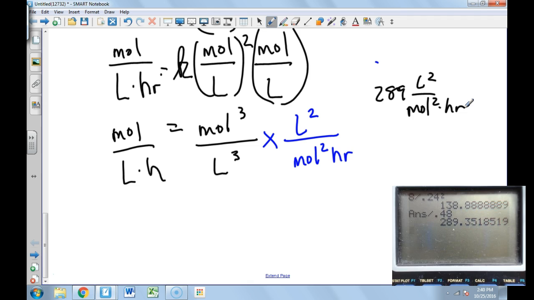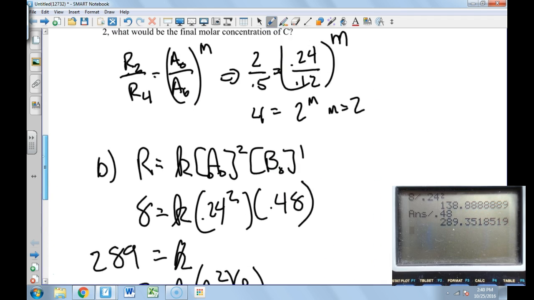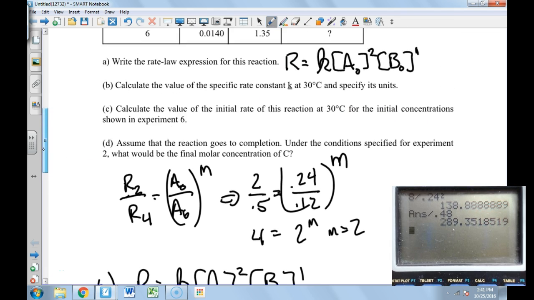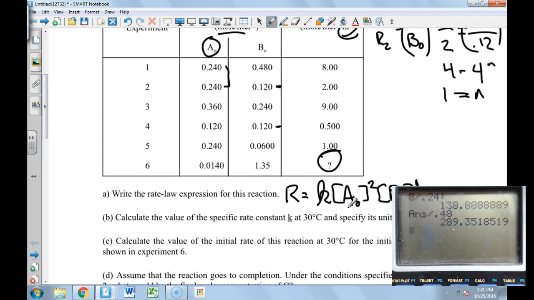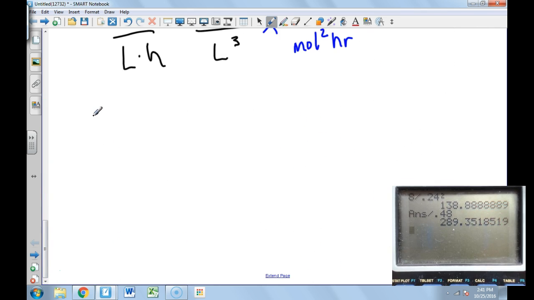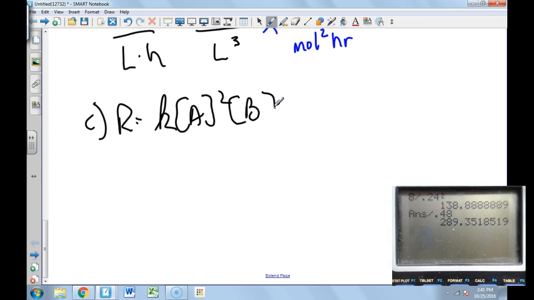Okay, and now for part C, it says to calculate the value of the initial rate for experiment 6. So here we're not given the rate, but we're given the initial concentrations. Well, guess what? We can still use the rate law, R equals K, concentration of A squared, concentration of B to the first. We know that K is 289, times A squared.